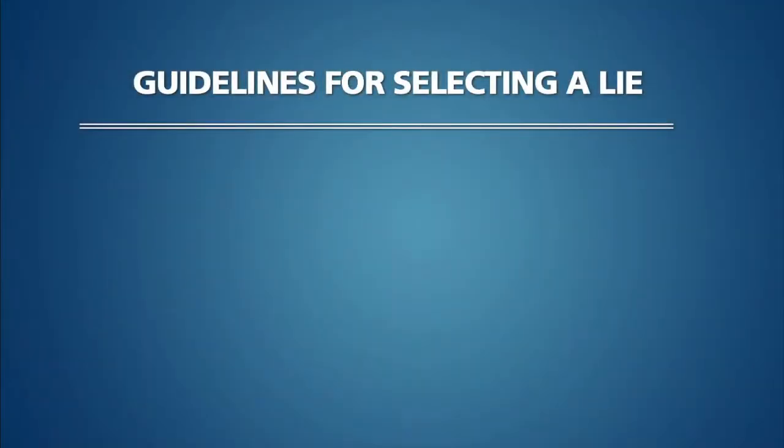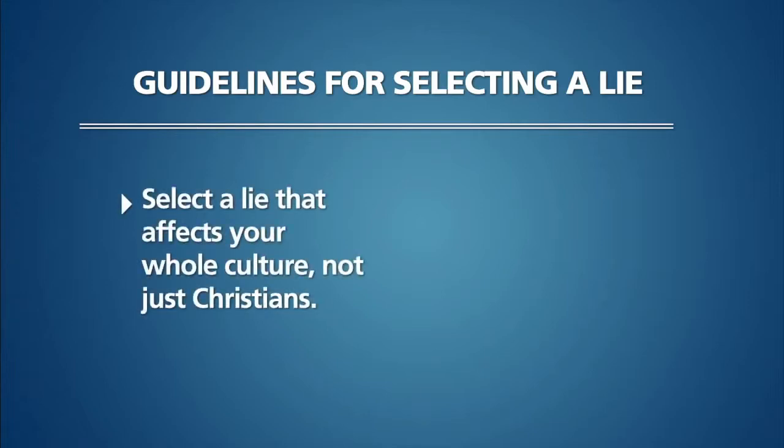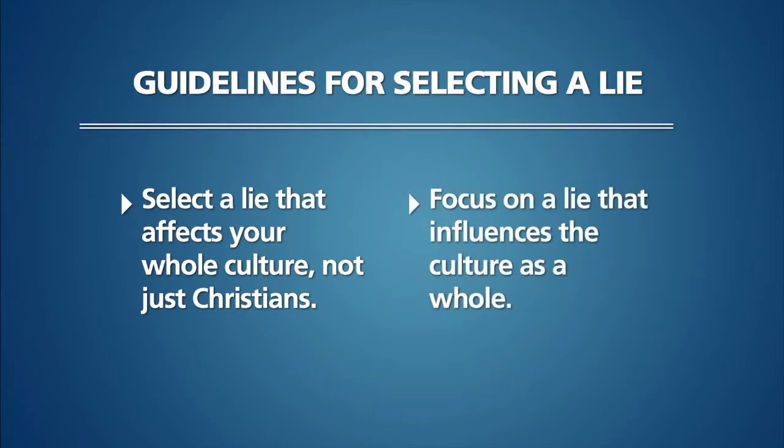Now, let me give you some guidelines as you consider this whole question of choosing a lie. First of all, I want you to think in terms of lies or deceptions of Satan that generally affect the whole culture and not just the church or not just Christians. Let me give you an example.